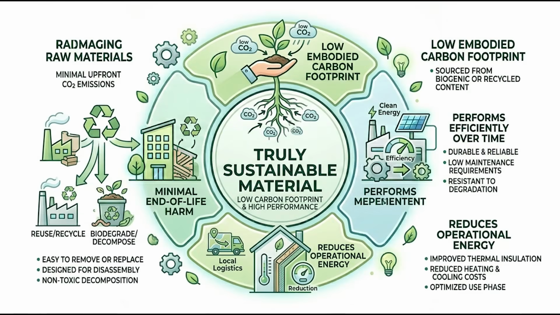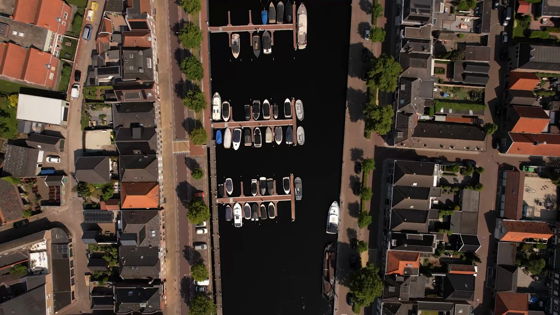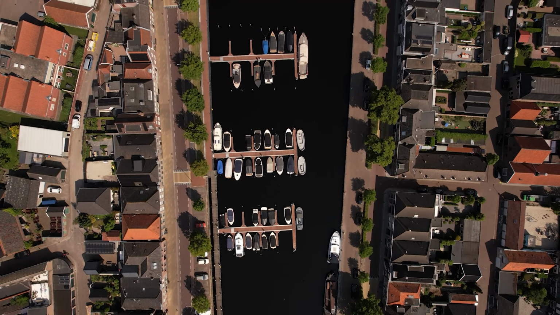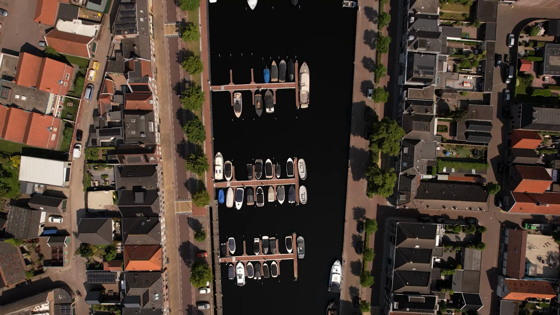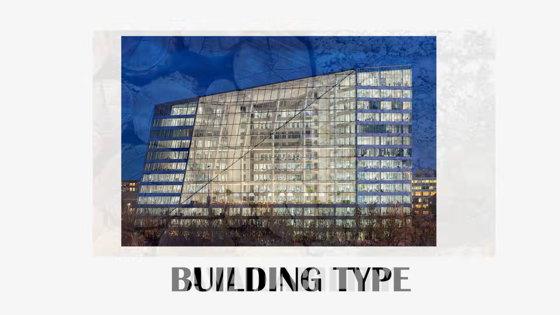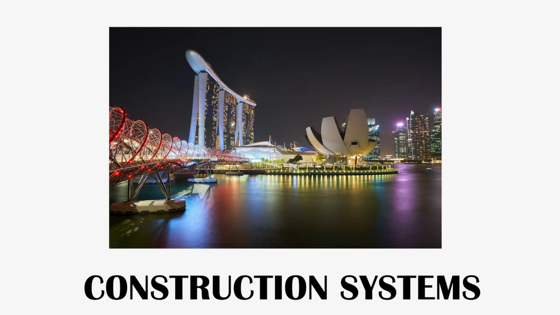A truly sustainable material has a low embodied carbon footprint, performs efficiently over time, reduces operational energy, and causes minimal environmental harm when it is eventually removed or replaced. In architectural practice, sustainable material selection also depends on climate, building type, availability, and construction systems.